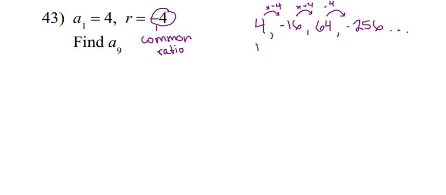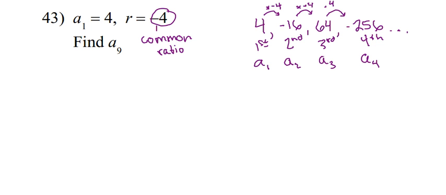So this is the first term, second term, third term, fourth term. The way we label those would be a sub 1, a sub 2, a sub 3, a sub 4, where a just means term, and the number tells you which term you're talking about.